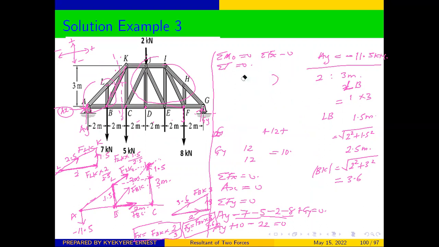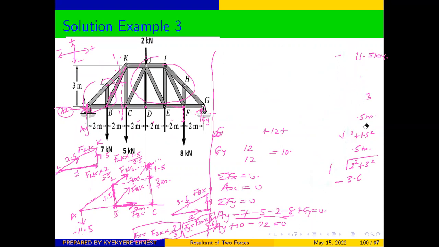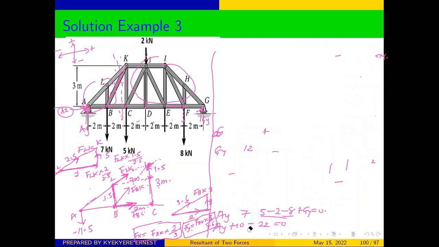And don't forget that we are still going to use the equilibrium equations, which are sum of moments about a point is equal to 0, sum of forces about X is equal to 0, and sum of forces about Y is equal to 0. Now that we have been able to resolve all forces which are slanted into their component form, we can calculate that with ease.